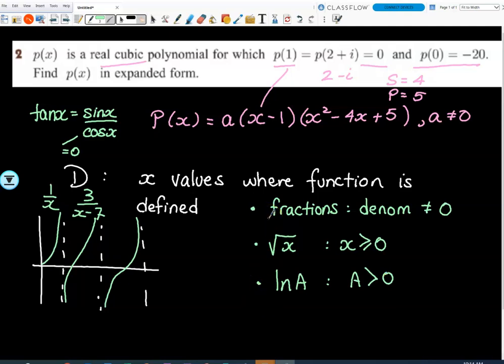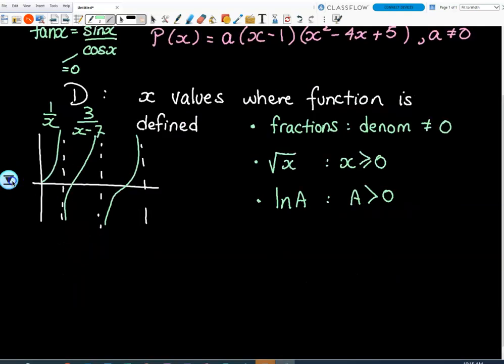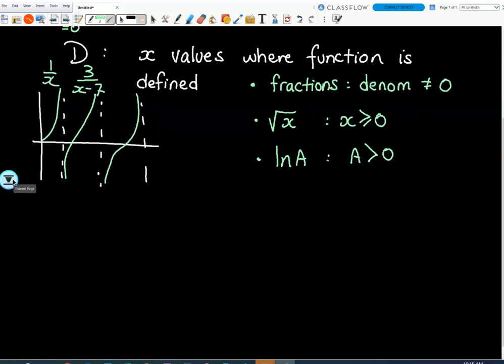With sine and cosine, you've got a limit when we're talking about the inverses. What's the limit for inverses with sine and cosine? You've seen it on your calculator since year 9.